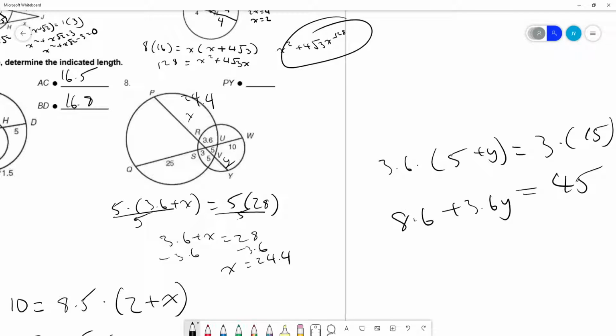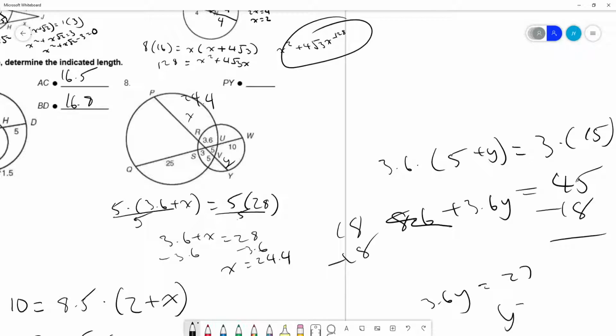Oh wait guys, I messed up the measurement. Sorry, I added instead of multiplied, so it's 18 plus 3.6y. So then get rid of this from the side. That's going to be 45 minus 18, which is 27. So y is equal to 7.5.